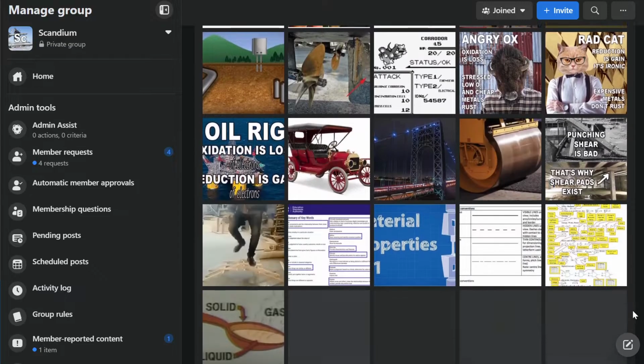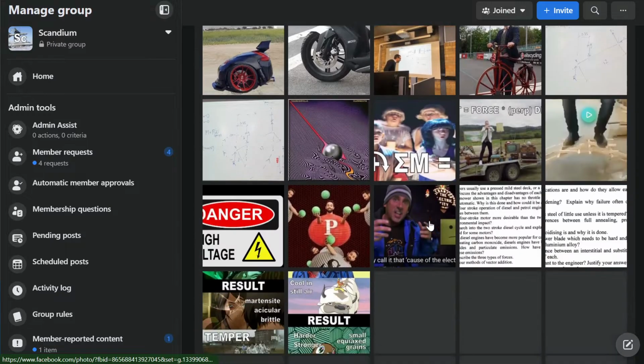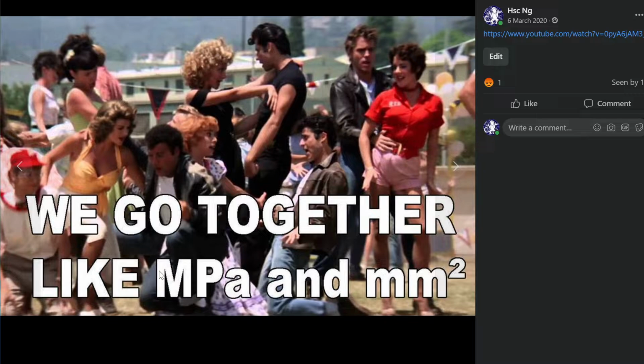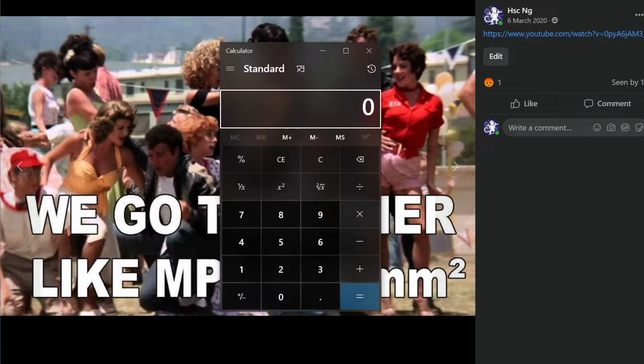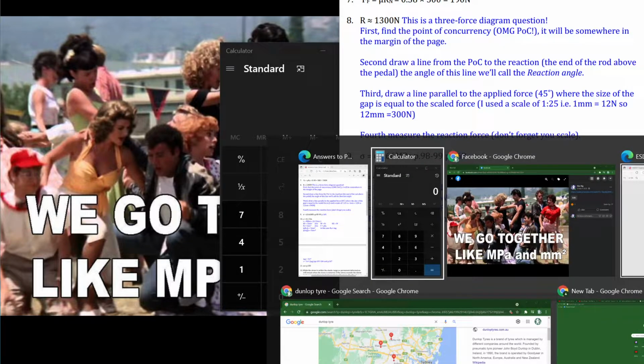I did have this set up so it would be nice and easy, with all the notes that I posted for you guys, but I don't really want to pause. The picture I'm looking for is we go together like megapascals and millimeters squared. So if I get my calculator, I do really hate this calculator. I did talk about in my last stream that I might do something different in the future, but where are the other tabs? Did I even close that tab?